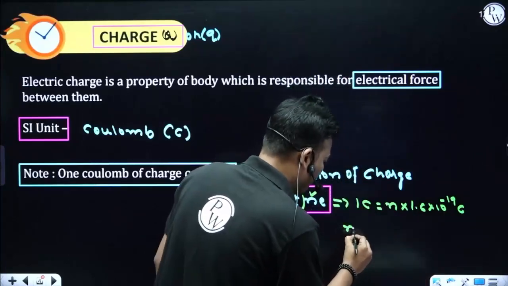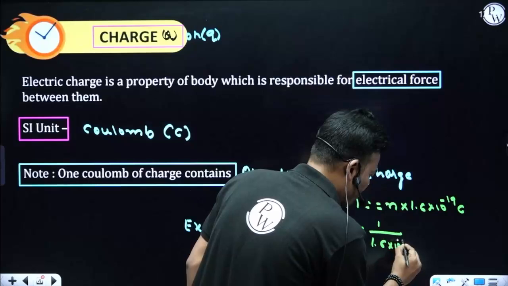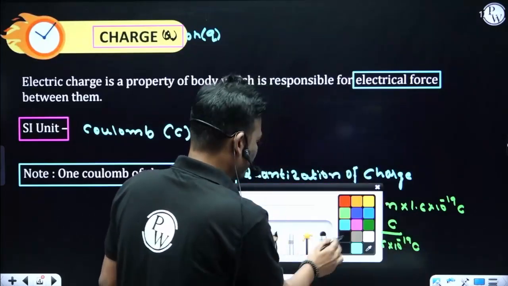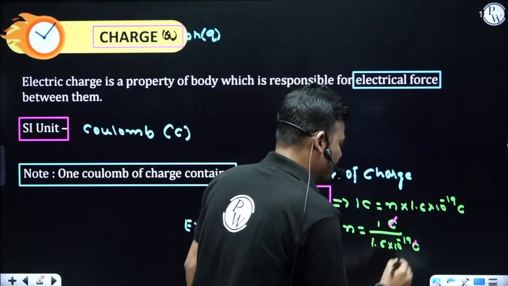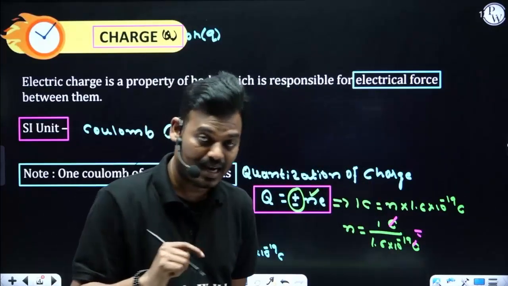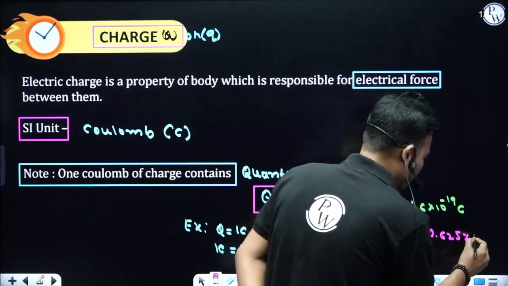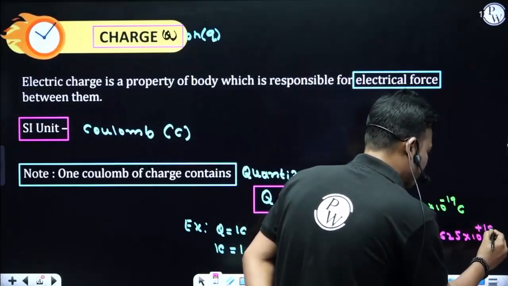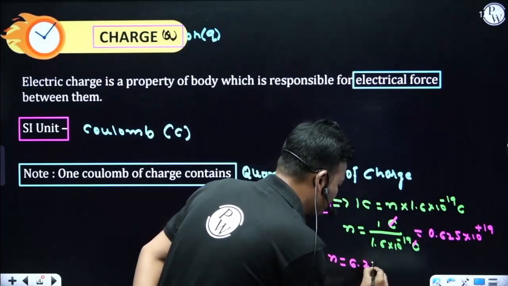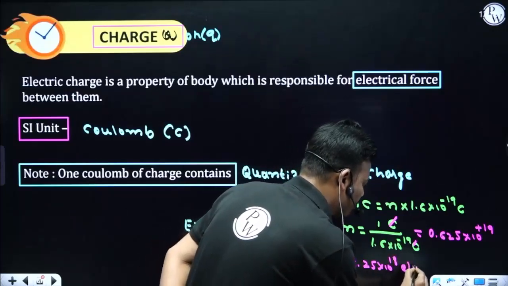Rearranging this equation, n equals 1 divided by 1.6 into 10 power minus 19. The coulomb gets cancelled, and after dividing 1 by 1.6 into 10 power minus 19, you get 0.625 into 10 power plus 19. After rearranging this, you get a value of 6.25 into 10 power 18 electrons.